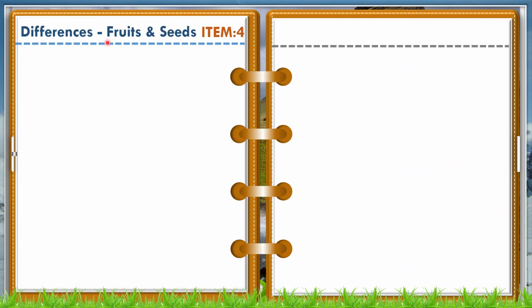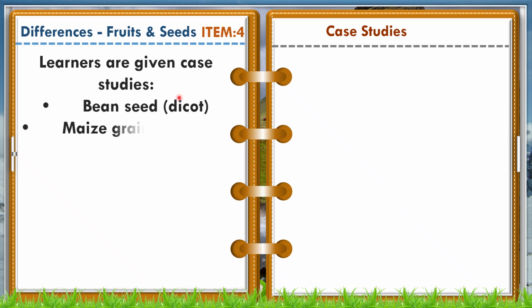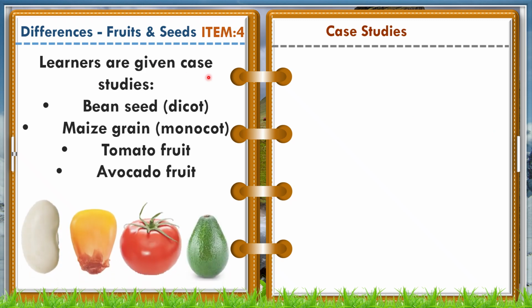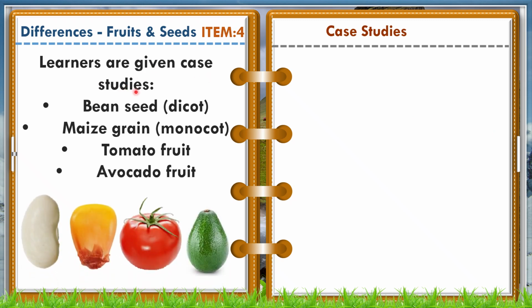Differences between fruits and seeds, item 4. Case studies. Learners are given case studies. Bean seed, which is a dicot. Maize grain, which is a monocot. Tomato fruit and avocado fruit.